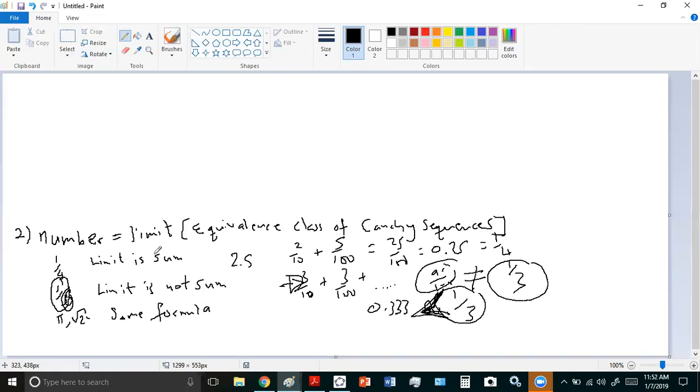Now, the mainstream academics have these 3 rules, which they use with this particular idea of Cauchy sequences. The one is that the limit is the sum. The second one, the limit is not the sum. And the last one, the limit, who knows what the hell the limit is, because it's some formula that we use to determine partial sums of a magnitude that cannot be measured, okay?